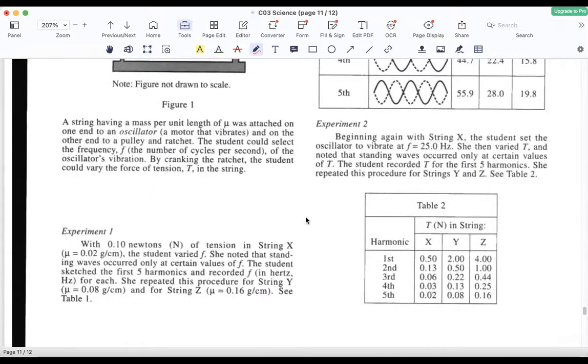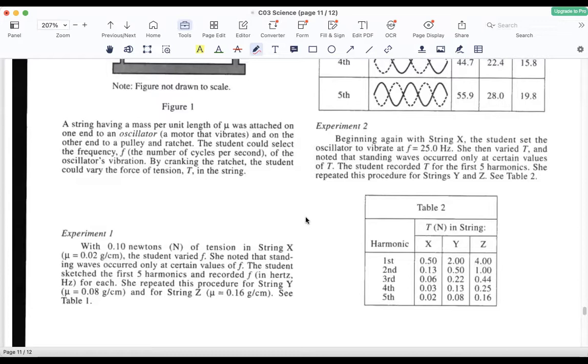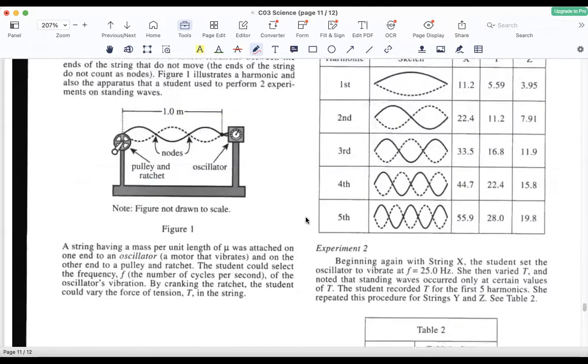Okay, with 0.1 newtons of tension, the student varied the frequency. She noted that standing waves occurred only at certain values of frequency. The student sketched the first 5 harmonics and recorded the frequency for each. She repeated this procedure for string Y and string Z.